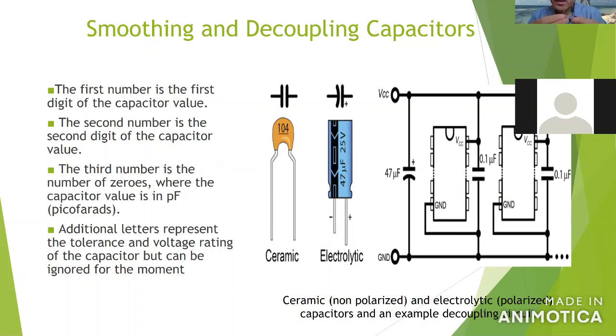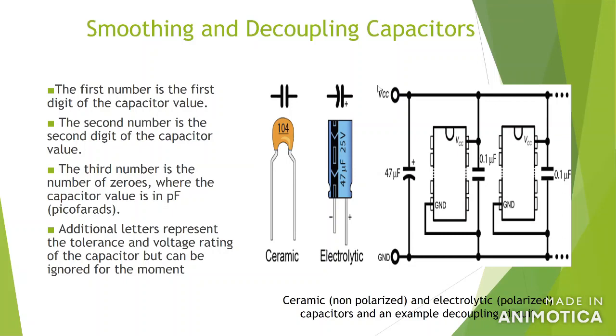Okay, so usually this ceramic capacitor has lower capacitance. But for the electrolytic capacitors, usually they have a higher capacitance. Okay, so these are two examples of the capacitors.